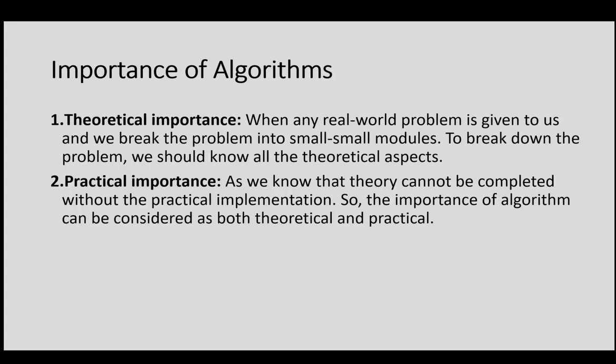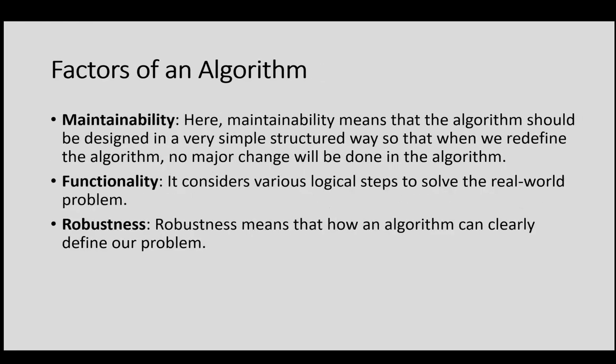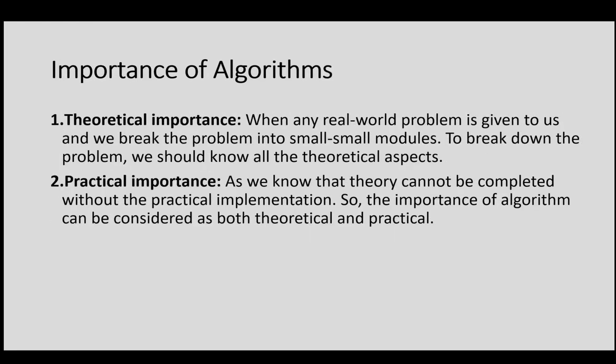So I have to break down the things into small modules in an efficient way, because maintaining an algorithm is very difficult. If I want to make some changes, it needs to be easily made. Not many changes should be needed when I make a small change to it.